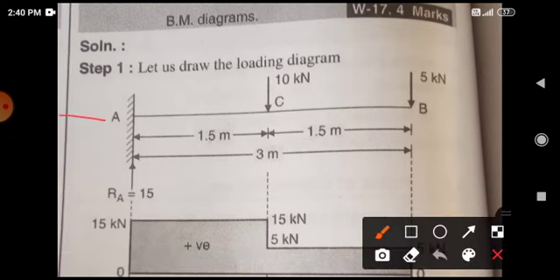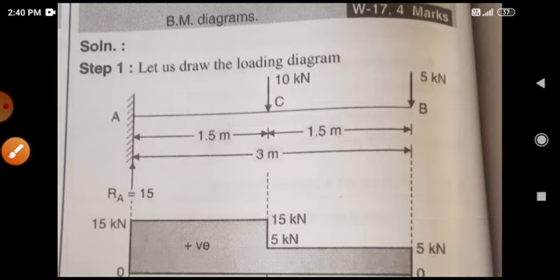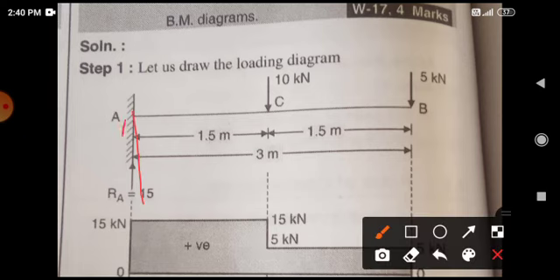Taking the sum of horizontal forces, as there is no horizontal component of any applied force, the horizontal reaction at point A is 0. Now sum of all vertical forces. We consider vertically upward forces positive and downward negative.